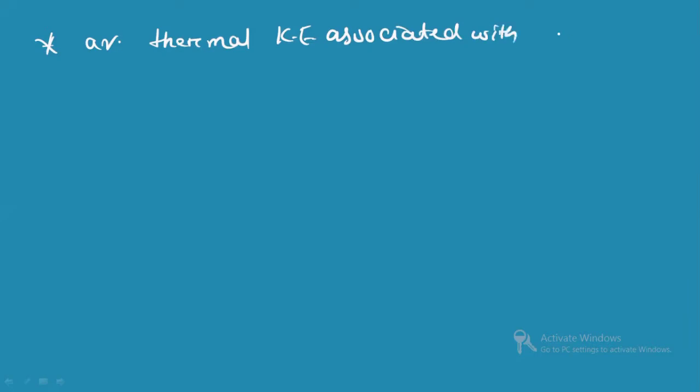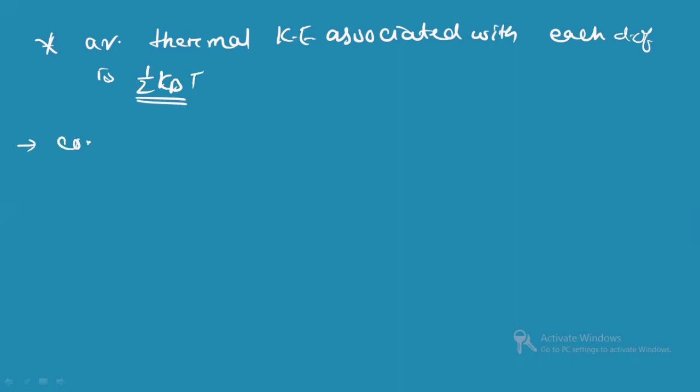Now we will see the equipartition theorem for the non-relativistic case. Firstly, the average thermal kinetic energy associated with each degree of freedom is half kBT. This is the average kinetic energy.